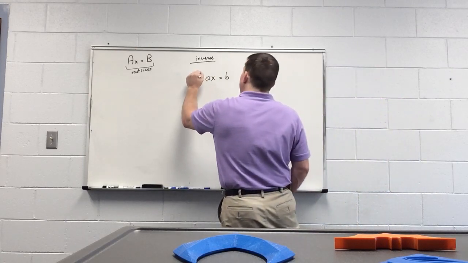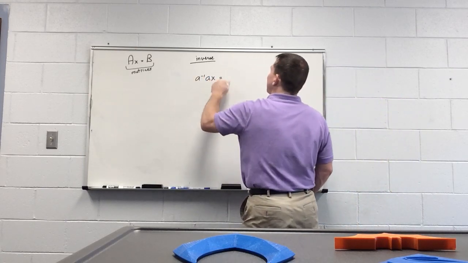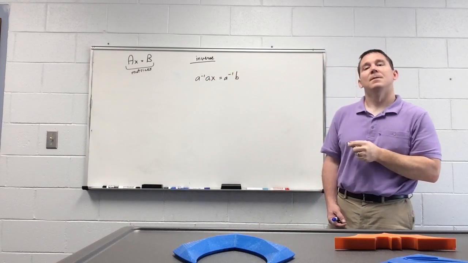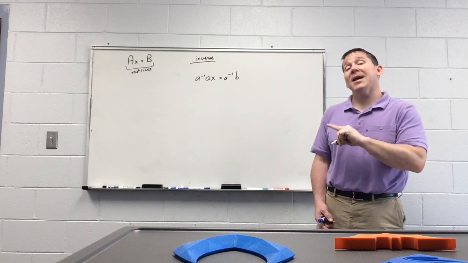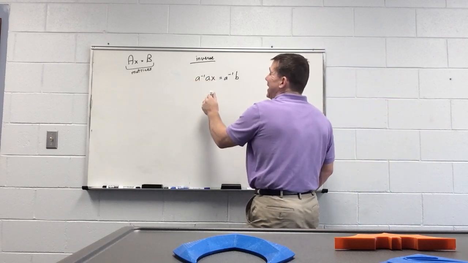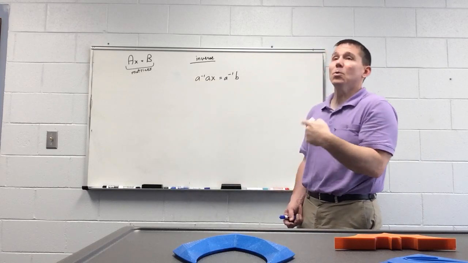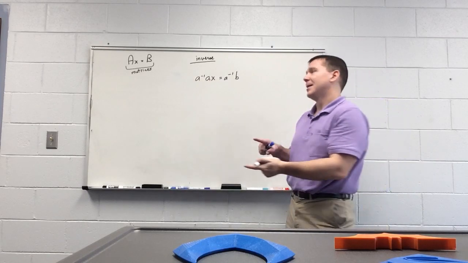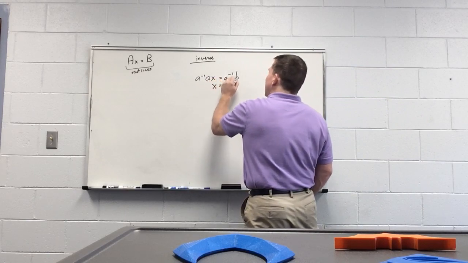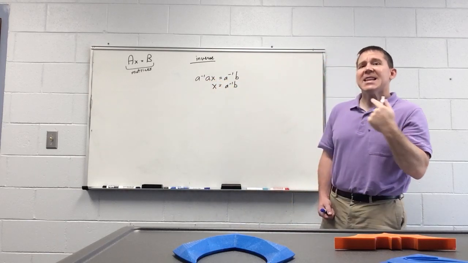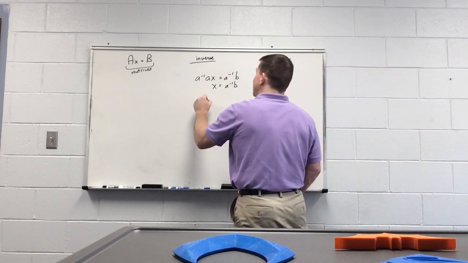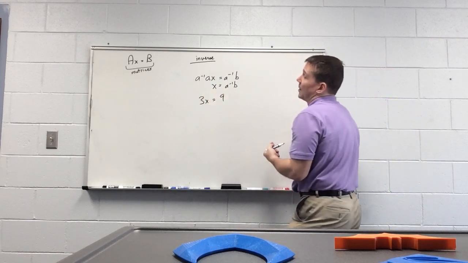What I do is I multiply by the inverse of a on the left. Algebraically, what this means is a inverse times a gives me the identity, which is 1. And now I just get x equals a inverse b.